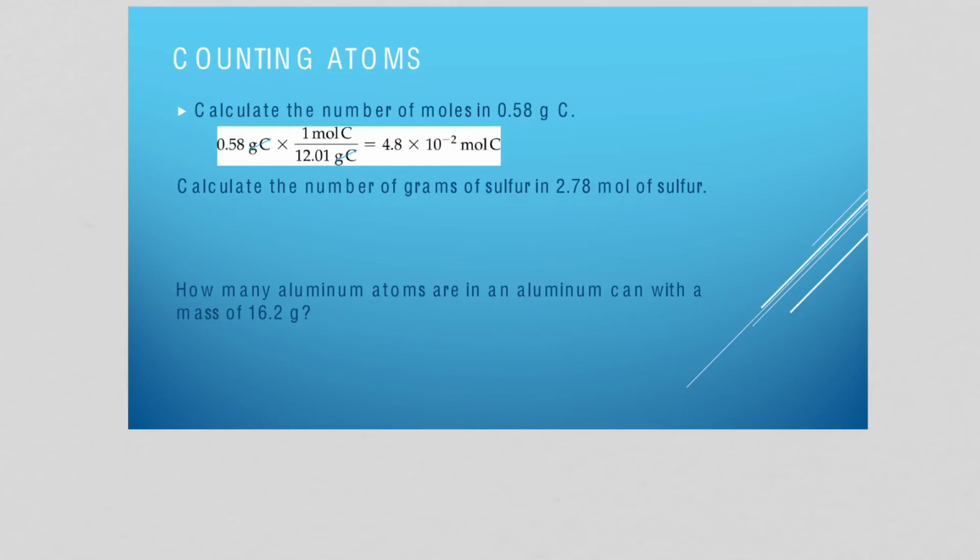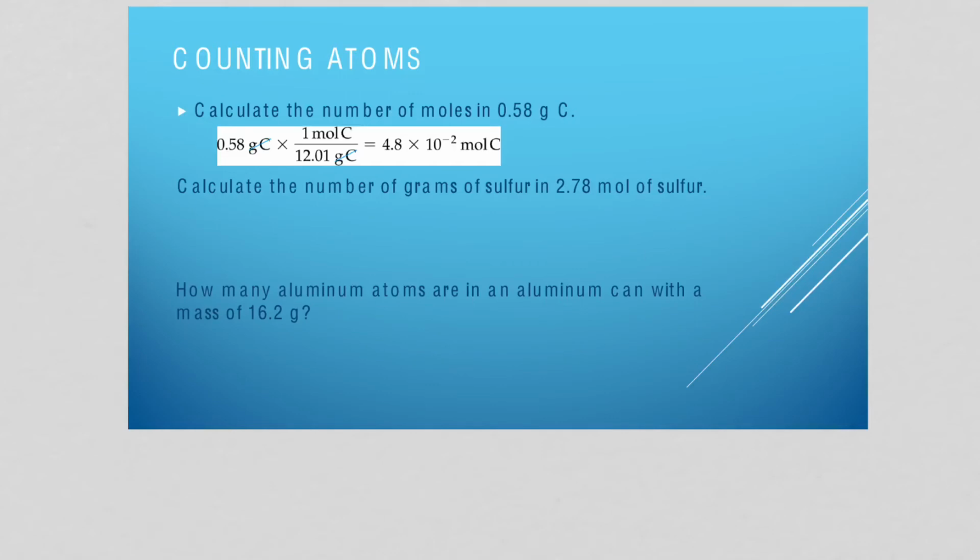I'm going to set up my units so that my grams are on the bottom, so it cancels. So 12.01 grams per mole. I do my division, and this represents 4.8 times 10 to the minus second moles of carbon. So, molar mass allows me to go back and forth between grams and moles.